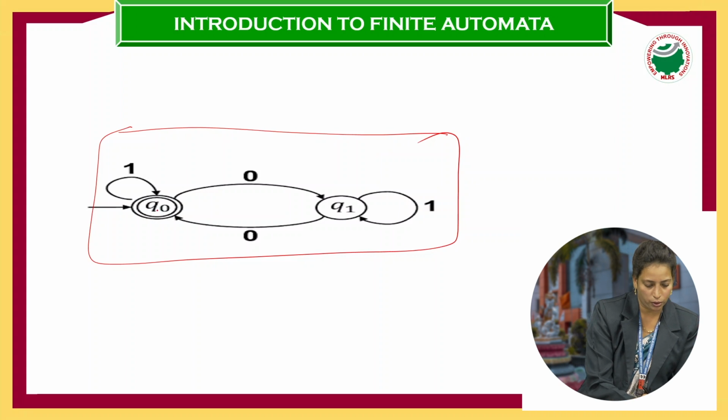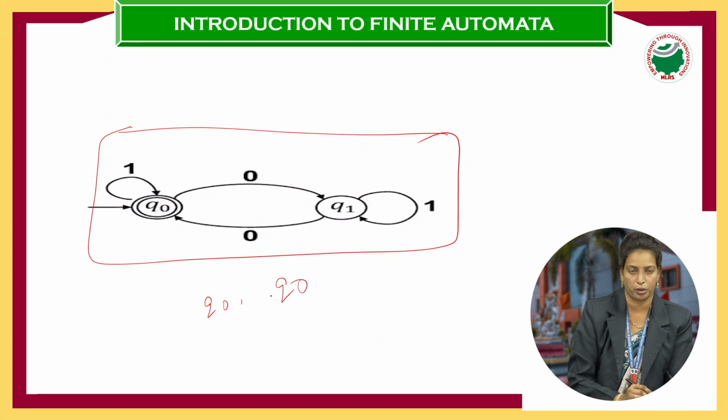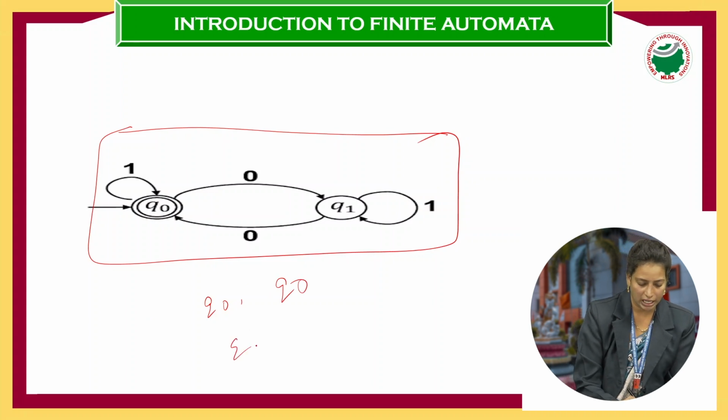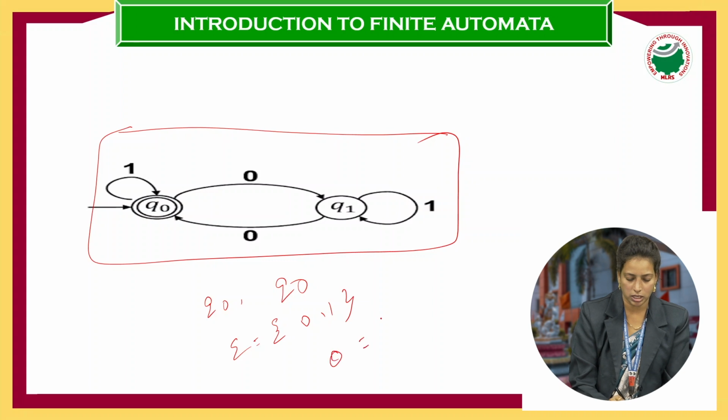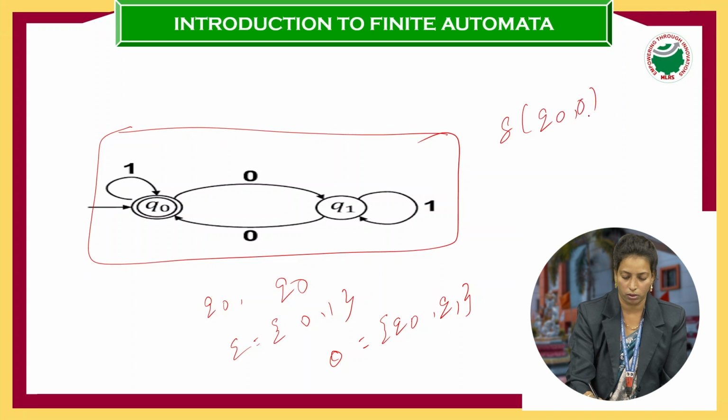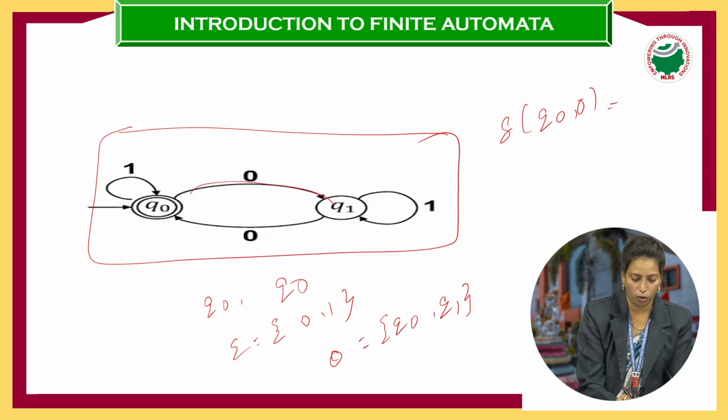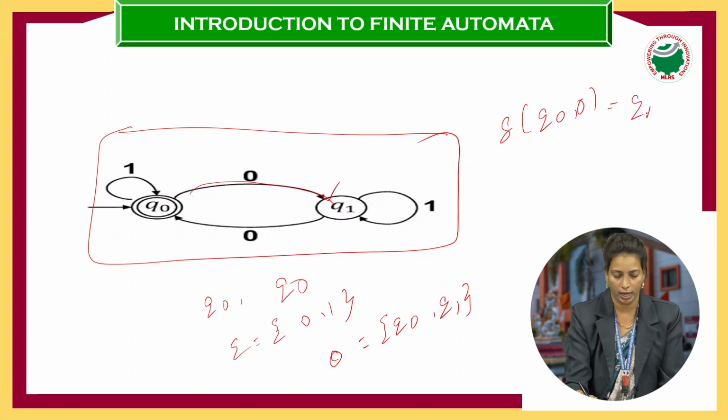So here the initial state is Q naught. The final state is also Q naught. Sigma input symbols are 0, 1. States are Q naught, Q1. Mapping functions: Q naught of 0 moves to Q1.